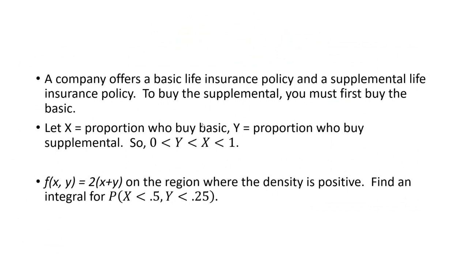So 0 is less than Y, is less than X, is less than 1. And let's suppose our density function is little f of x y equals 2 times the quantity x plus y on the region where the density is positive. So on this region defined by the inequality we looked at earlier.